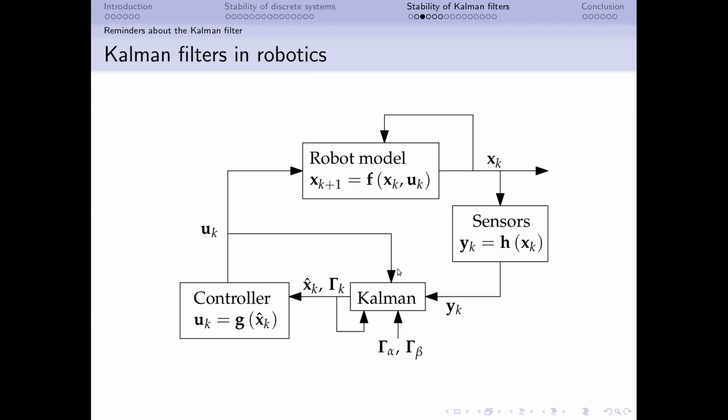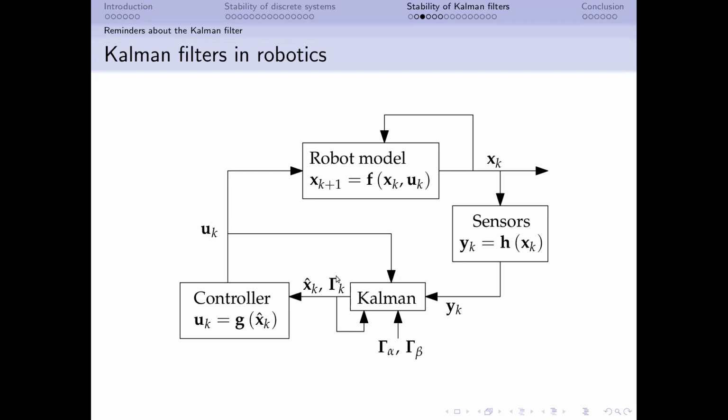The control vector U and sensory data y will be fed to the Kalman filter, thanks to which the latter will be able to compute the estimation of the state.